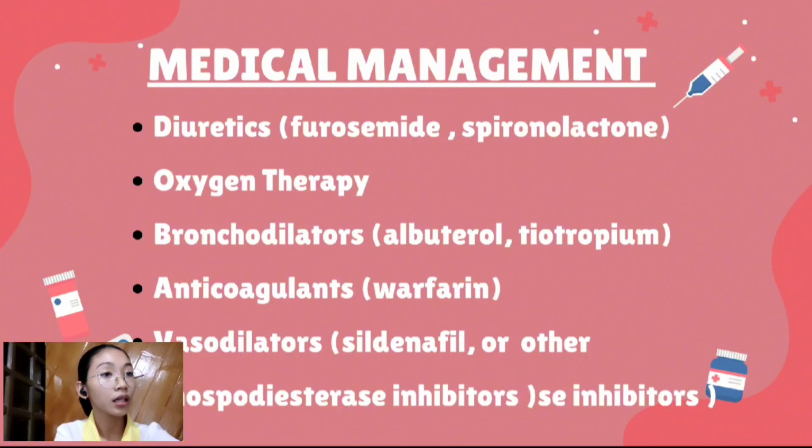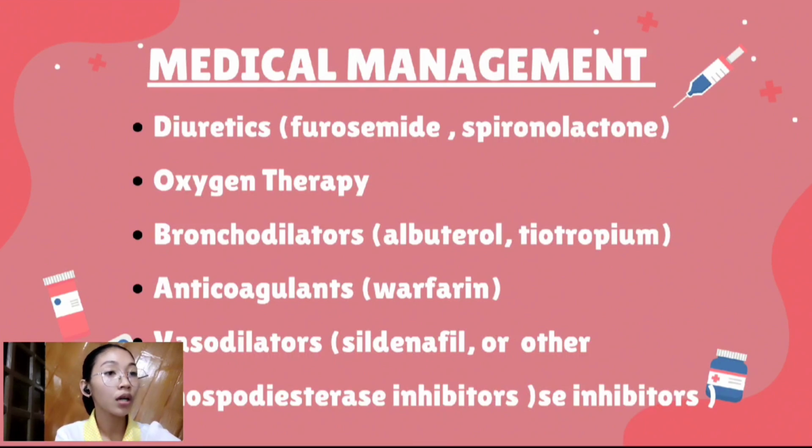Supplemental oxygen is a key component, especially in cases of hypoxemia, to improve oxygen saturation. Next is bronchodilators. Medications like albuterol or tiotropium may be prescribed if cor pulmonale is associated with obstructive lung disease like COPD. Next is the anticoagulants.